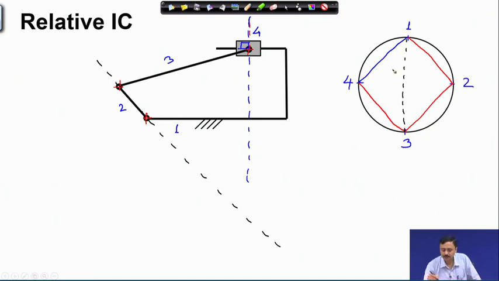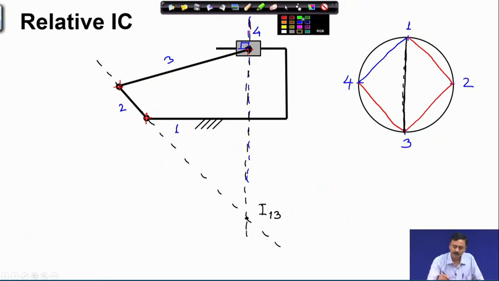The other path: I 3 4 is known and I 1 4 is at infinity somewhere. So, therefore, I 1 3 must also lie on this line. The intersection is this. So, this must be I 1 3. So, now I also know I 1 3.